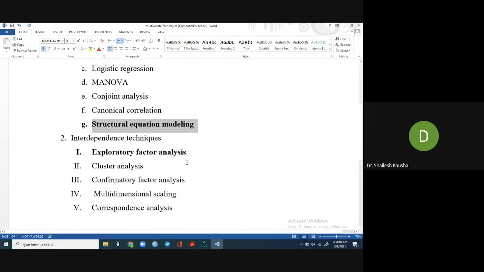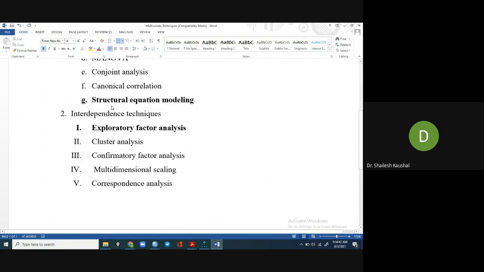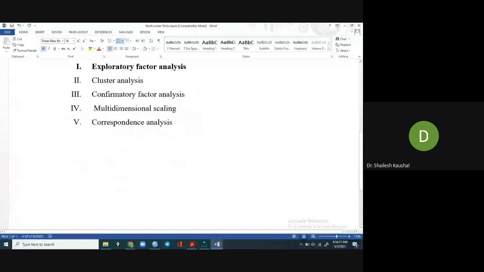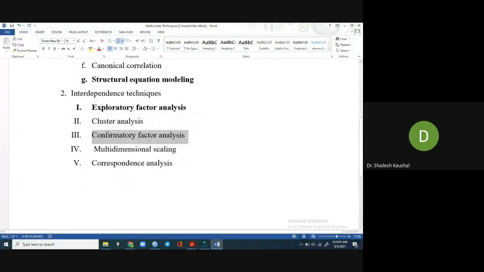So structural equation modeling is basically a dependence technique, and we find the relationship between the exogenous and endogenous constructs and test the hypothesis also. And the other, confirmatory factor analysis, is an interdependence technique, same as exploratory factor analysis.